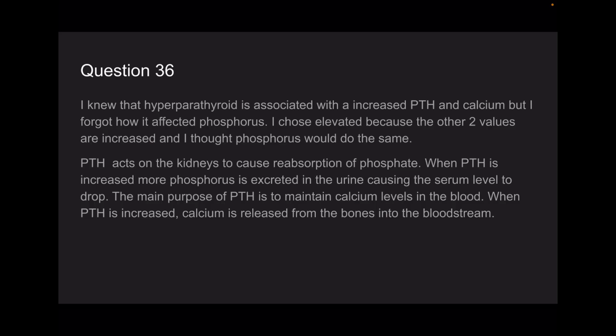But it's actually decreased because when PTH is increased, more phosphorus is excreted in the urine, causing the serum level to drop. The main purpose of PTH is to maintain calcium levels in the blood. When PTH is increased, calcium is released from the bones into the bloodstream. So when PTH is increased, calcium is increased.